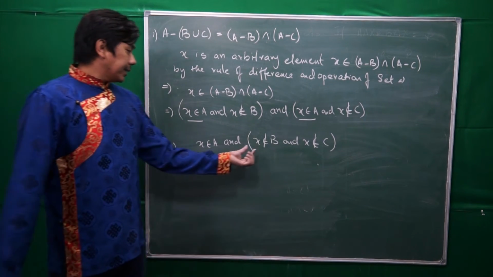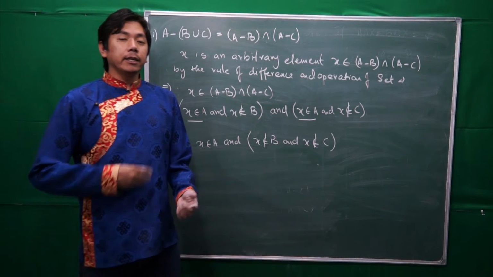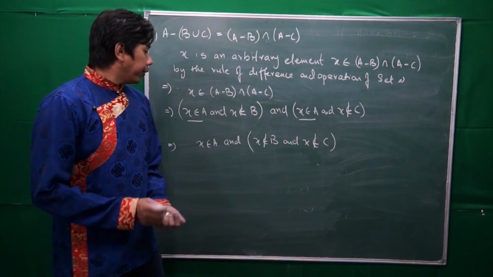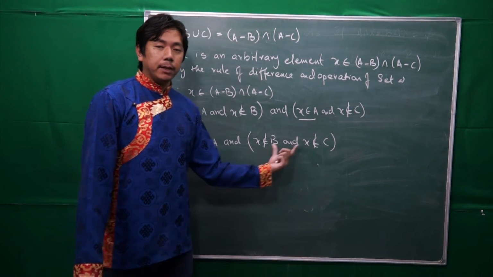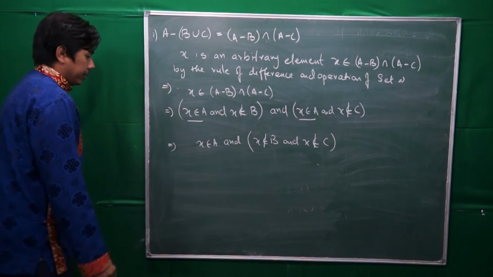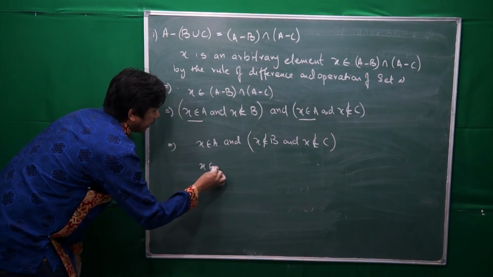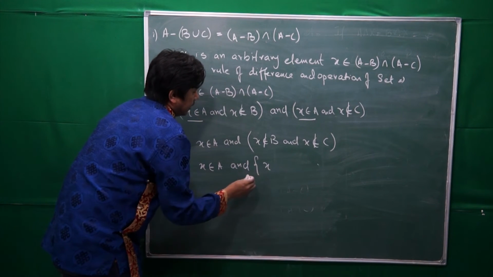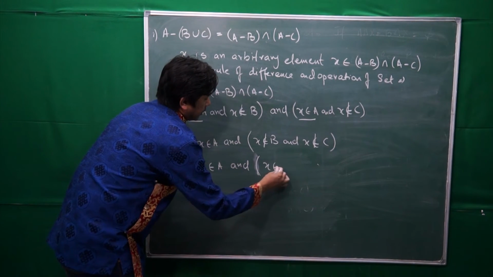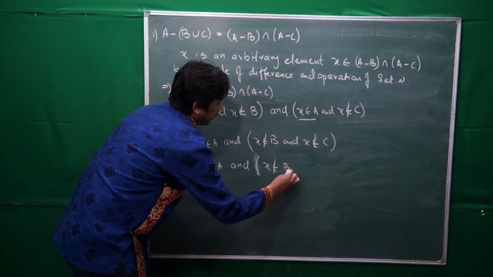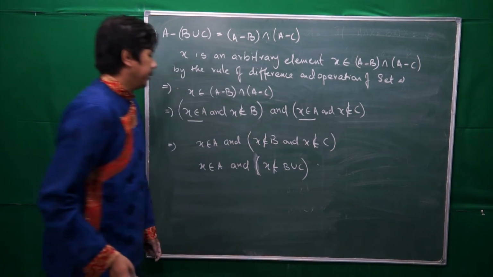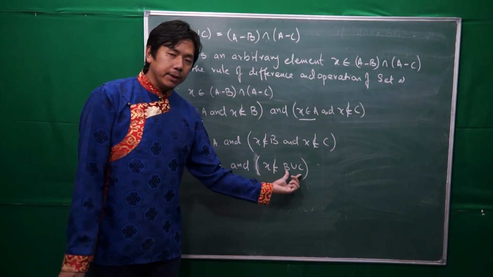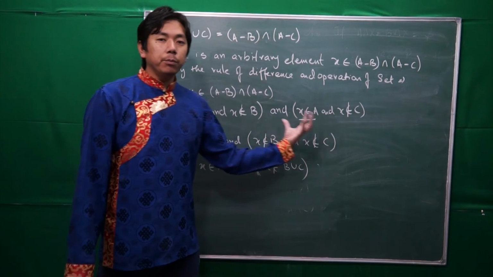Now since X is an element such that it does not belong to B and it does not belong to C as well, we might as well combine this in a statement. So how do you combine it? X belongs to A and X does not belong to B union C. I'll take these two sets B and C together since X does not belong to both of them.